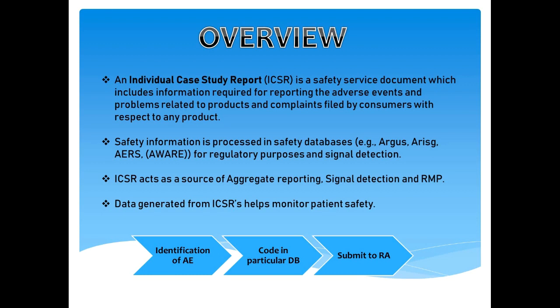That means we'll complete all the procedure, and after completing the procedure, the case will be submitted to the regulatory authority in the form of various forms, as I have said: the CIOMS form or VAERS form or E2B form or Yellow Card or SAE form. So different forms are available, which I have discussed in our previous video on regulatory authorities.